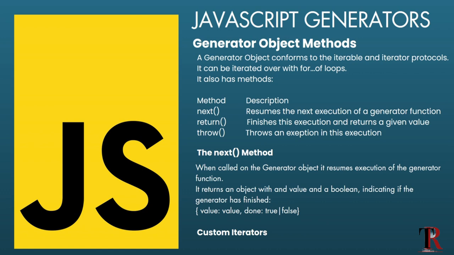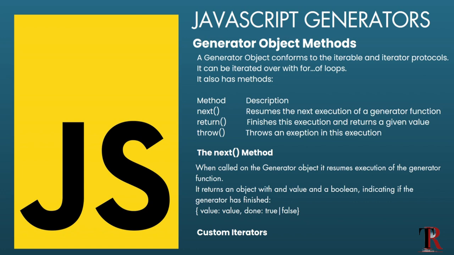Remember that in the example from the previous lesson, each result has value and done, 2 properties that make it conform to the iterable and iterator protocol. If the generator has finished simply means the function has finished. So what it will return is always the value and the done property.